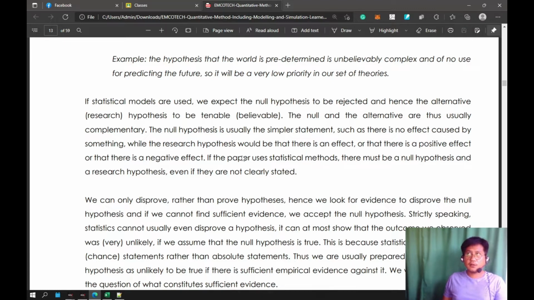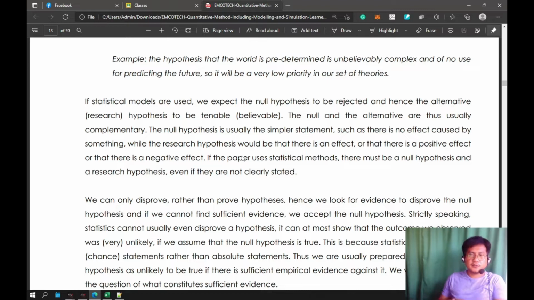And how can scientists prove the hypothesis that the world is predetermined? Like if we say, okay, young man, you are going to marry a rich lady in the next 10 years, how can we say that this young man would really marry a young and rich woman after 10 years?